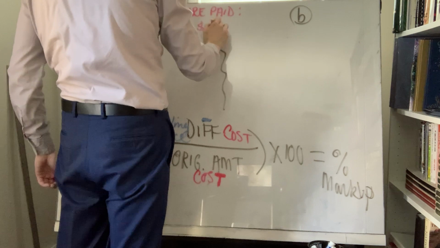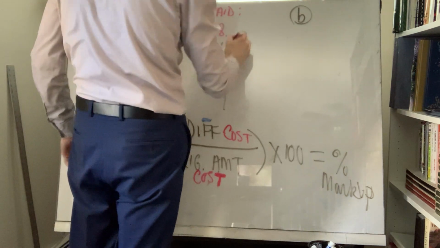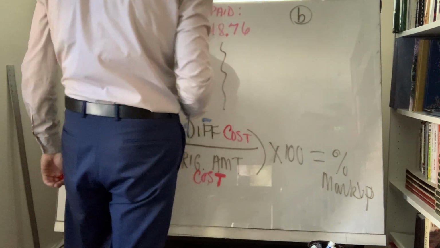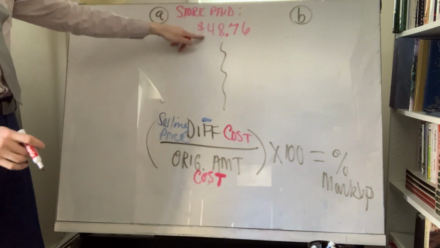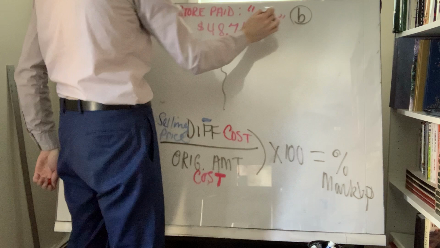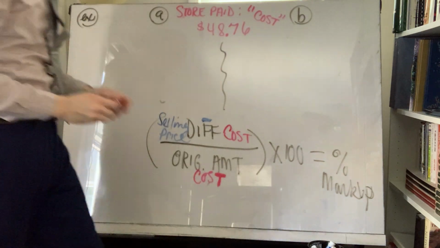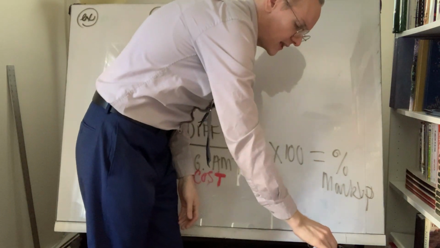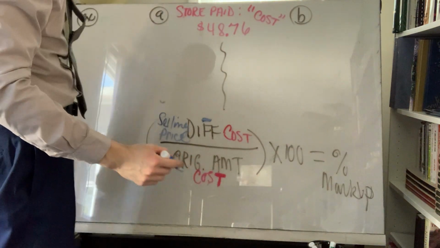You notice it's lower. In either case, that's their cost. This is the quote-unquote cost of the item. What they're selling it for is different though.